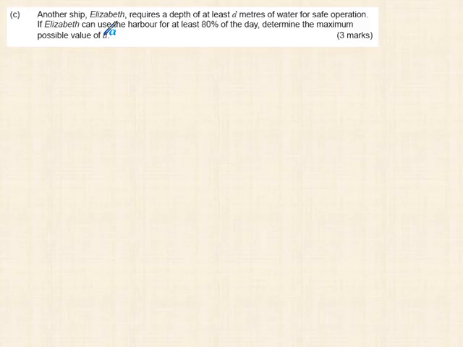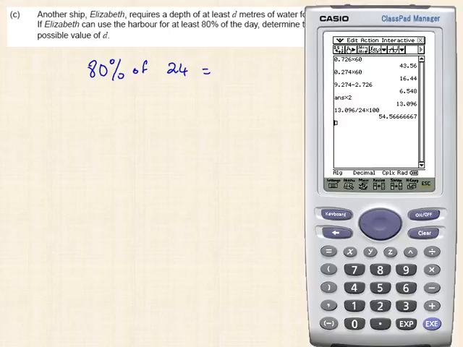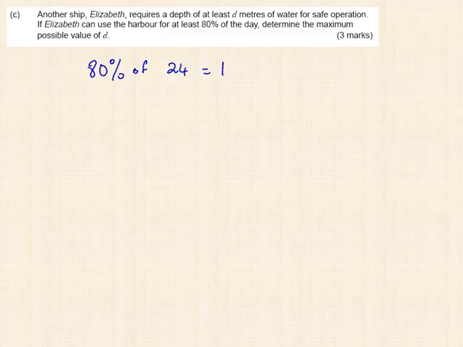Another ship, Elizabeth, requires a depth of at least d meters of water for safe operation. If Elizabeth can use the harbour for at least 80% of the day, determine the maximum possible value of d. So 80% of 24 hours is 0.8 times 24 gives us 19.2 hours.